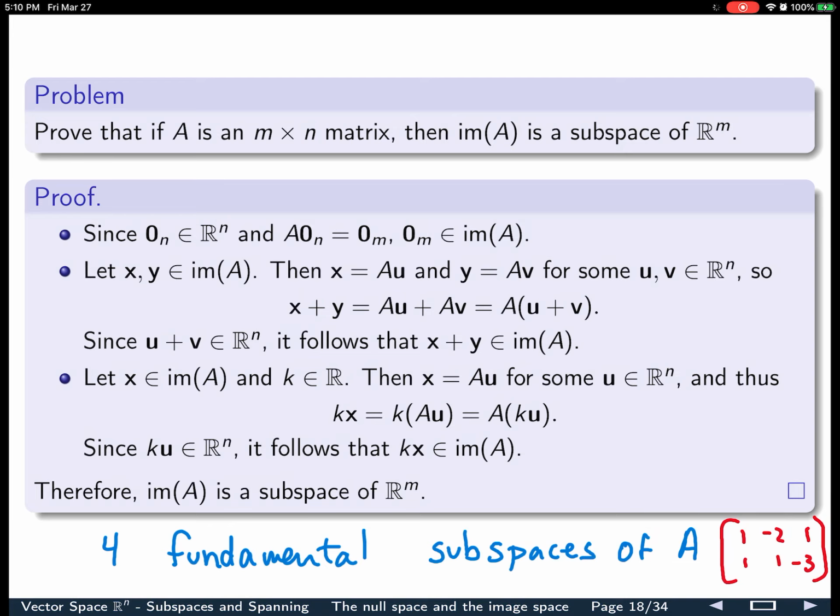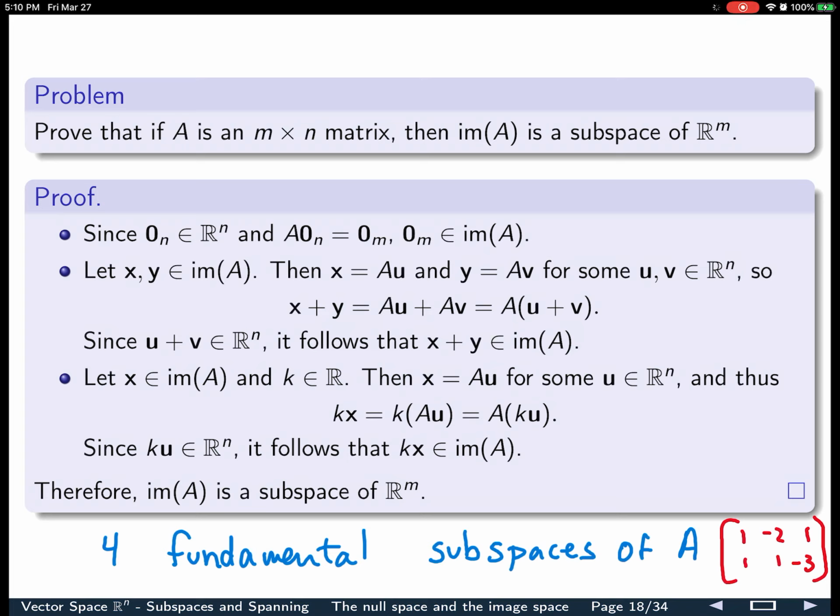If you have some time, normally during class, I would go through all four fundamental subspaces of this matrix. It's not necessarily something in the curriculum of this book, but I like to make you aware that really we've talked about two fundamental subspaces so far, the column space and the null space of a matrix.